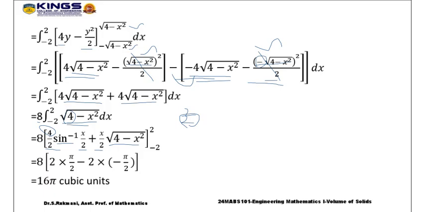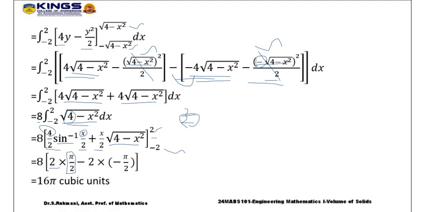Now substitute the limit for x, that is minus 2 to plus 2. So substitute the upper limit, that is 2. So 4 by 2 becomes 2. So here substitute x equal to 2. 2 by 2 becomes 1. Sine inverse of 1. For which angle does sine become 1? Sine 90 degree. The value for sine 90 degree is 1. So sine inverse of 1 is equal to pi by 2.